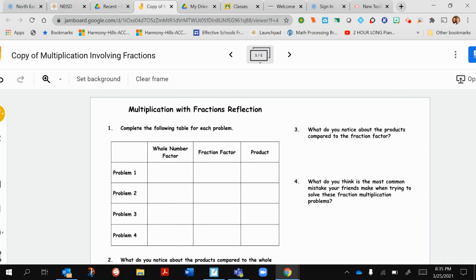Okay, so in problem number 1, it was 5, and the fraction was 1/2. And what was the product? The product was 5/2, or 2 and 1/2.